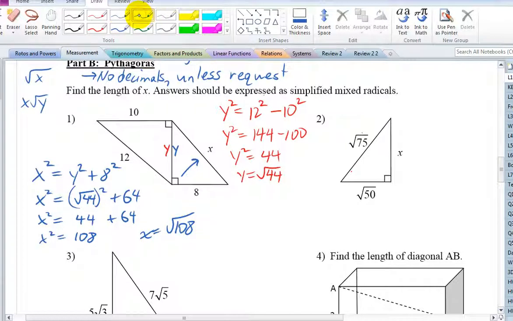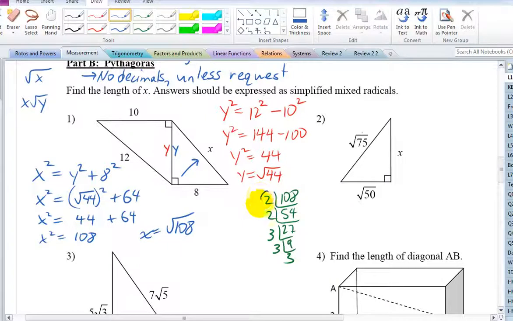And now you have to simplify. No decimals, no calculators, you have to simplify. So 108 divided by 2 gives you 54 divided by 2. Keep going. See if you can take anything out. 27, 3, and 9, 3 and 3.